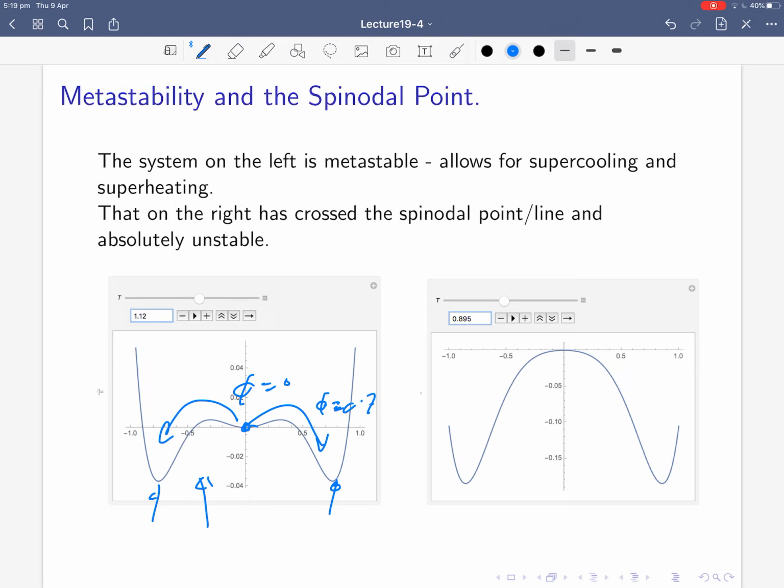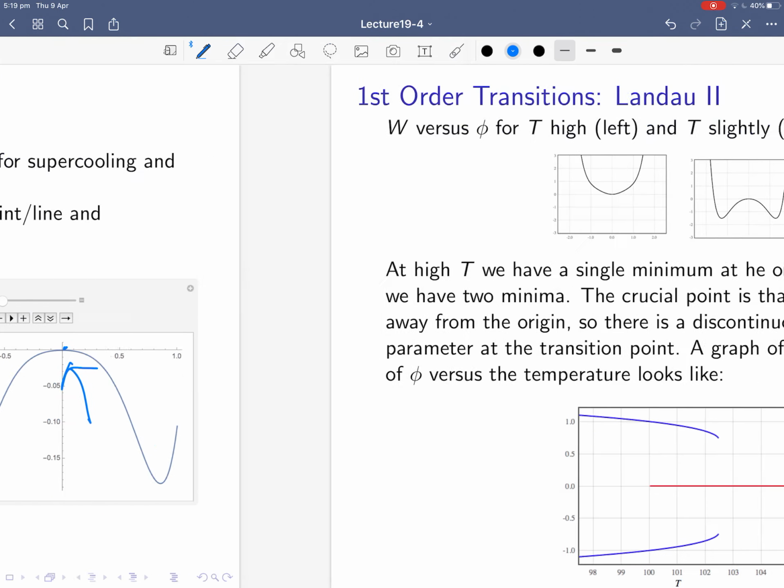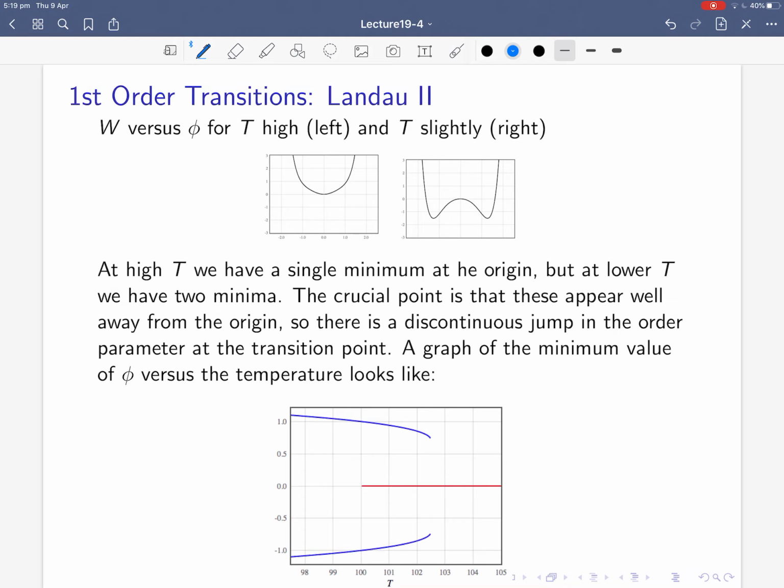Similarly, you can heat liquid water beyond 100 degrees centigrade if it's very pure and there are no nucleating sites to form the more stable phase. So here you've got a metastable system. This one on the right is definitely not metastable. It's unstable. There's no possibility of supercooling this beyond that temperature. It wouldn't work.